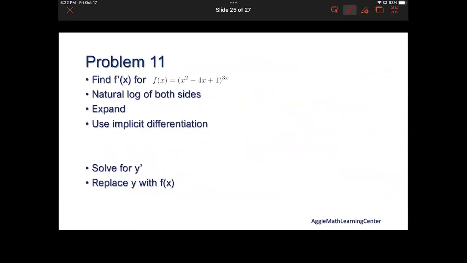So we can do the same thing here. We'll take the natural log of both sides, just letting this equal y to make things easier. So we have ln of y is equal to the natural log of (x squared minus 4x plus 1) to the 3x. And like we did before, we can move this out front.